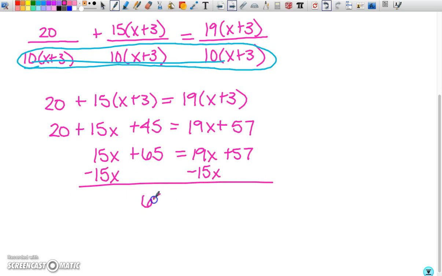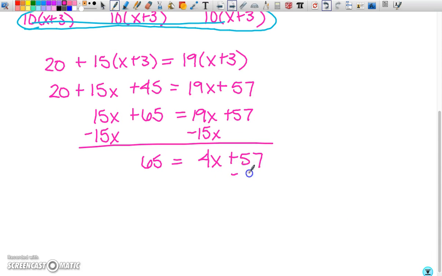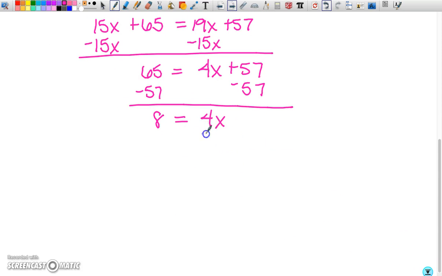So we get 65 equals 4x plus 57. And then subtract 57 from both sides of your equation to end up with 8 equals 4x, and then divide by 4 to get x equals 2.